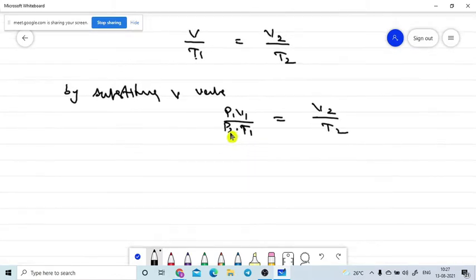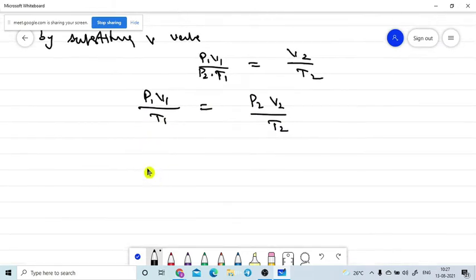Now I am sending P2 to this side. So P1V1 by T1 is equal to P2V2 by T2. If this is coming, we can conclude that PV divided by T must be some constant.